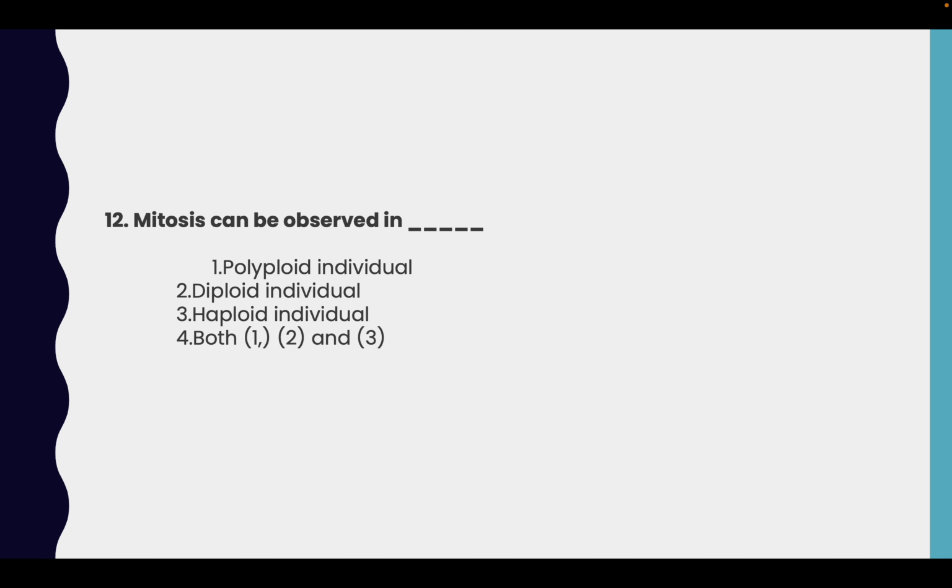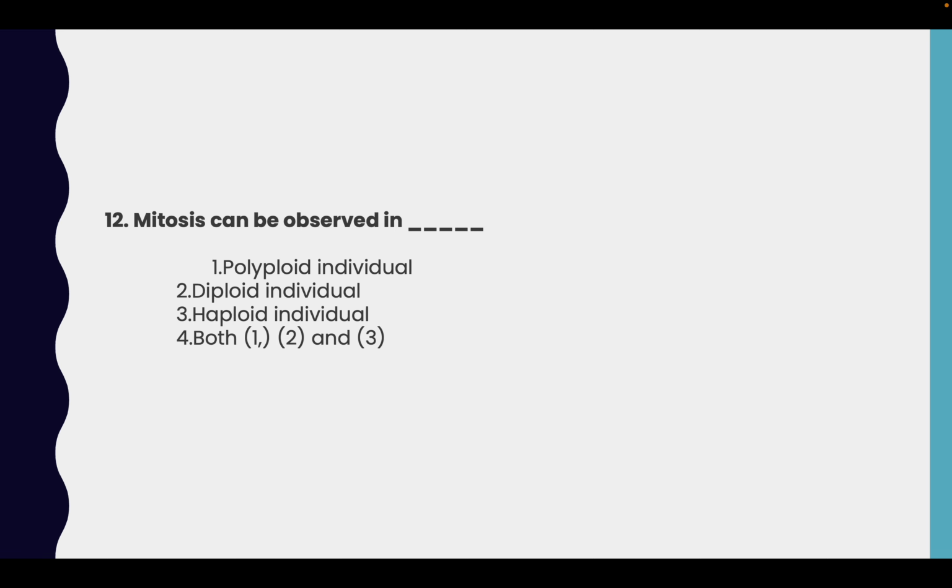What is mitosis? Here a cell divides into two identical daughter cells with the same chromosome number as the parent cell, which can occur regardless of whether the parent cell is haploid or diploid. If the parent cell is diploid, meaning they have two sets of chromosomes in their somatic cells, after mitosis they will form diploid only, right?